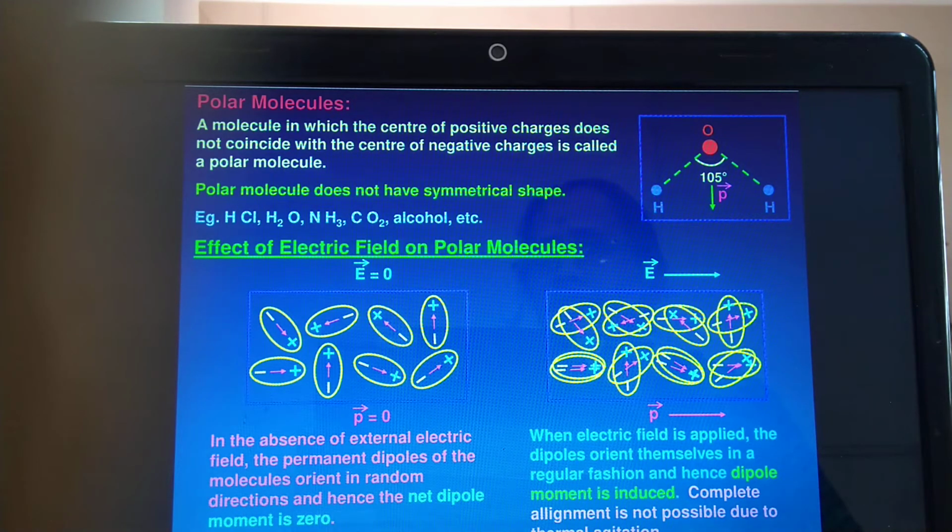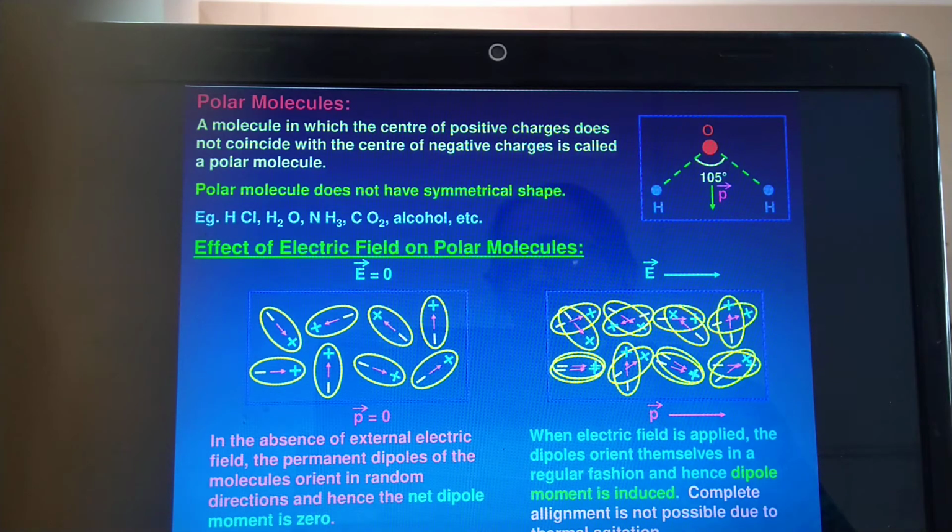Whenever we consider a molecule, it has a positive charge as well as a negative charge. In a polar molecule, the center of positive charge does not coincide with the center of negative charge. That type of molecule is called a polar molecule.